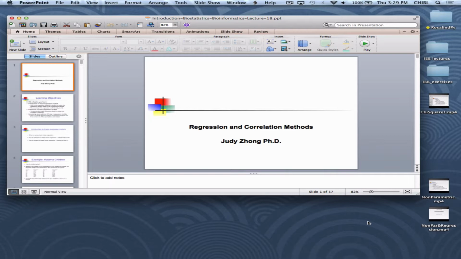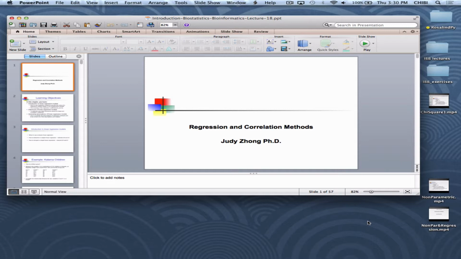If it's independent, it goes to a two sample t-test. For the two sample t-test, you can make different assumptions in terms of variance.